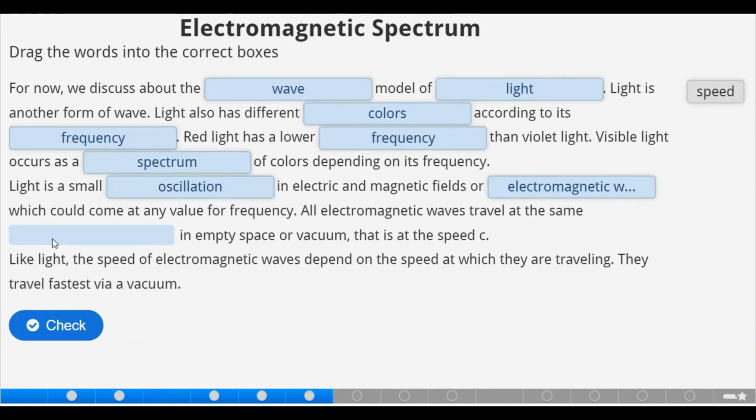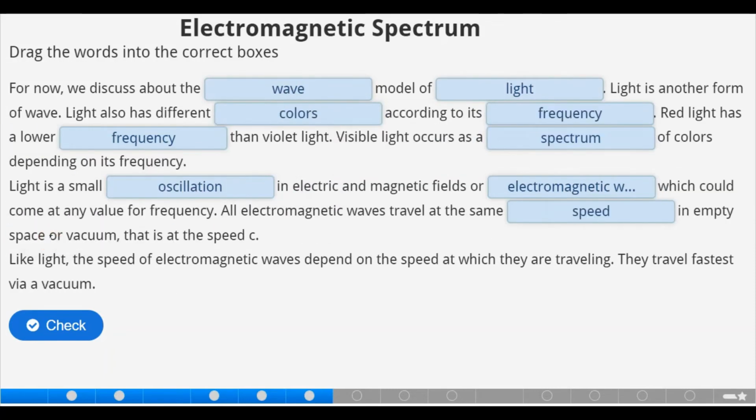All electromagnetic waves travel at the same speed in empty space or vacuum, that is, at the speed of light. Here C indicates the speed of light, and that is 3.0 times 10 raised to the power 8 meters per second approximately.